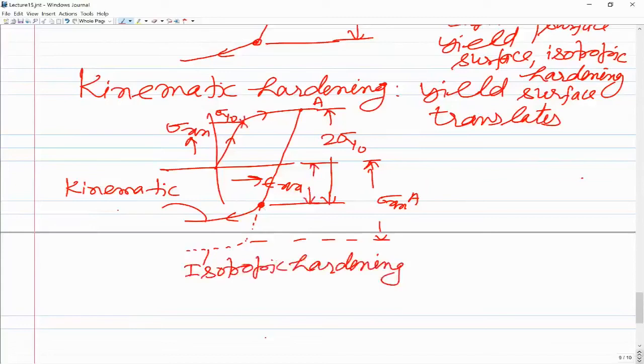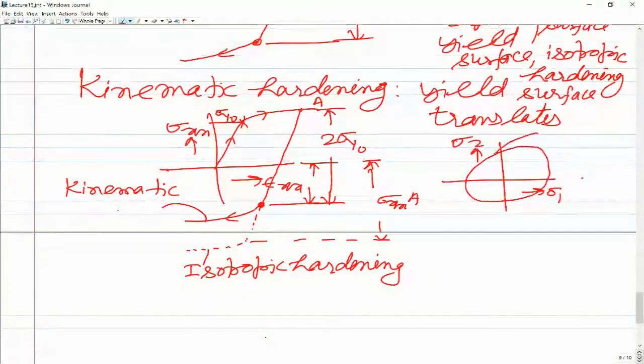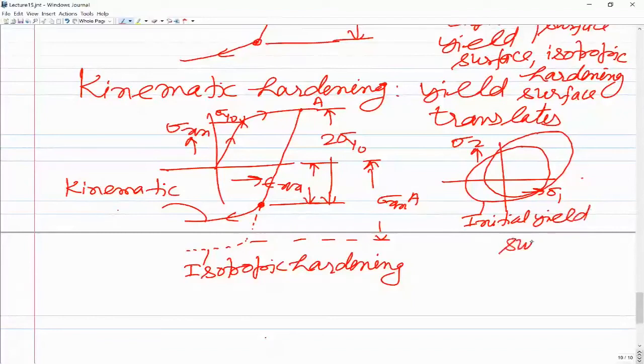If you express the same thing for the biaxial state of stress in terms of principal stresses sigma 1 and sigma 2, you will have this initial yield surface, and once the material has been loaded in tension, this yield surface will translate and become like this. So this is the initial yield surface, and this is the subsequent yield surface.